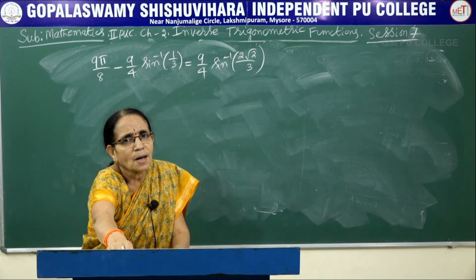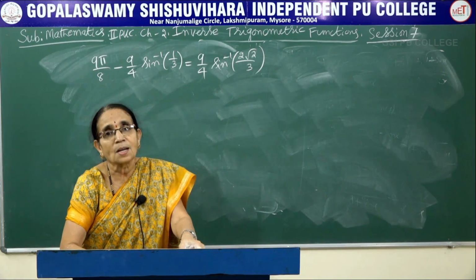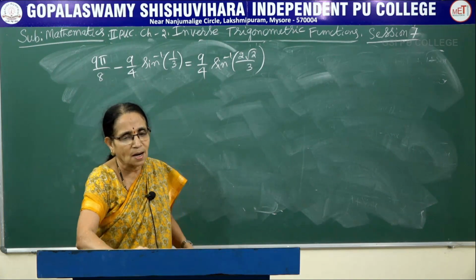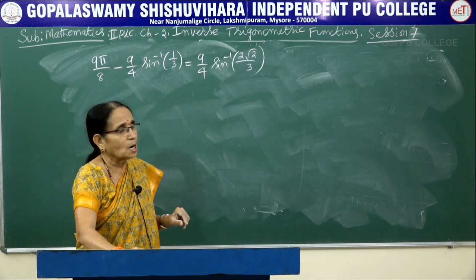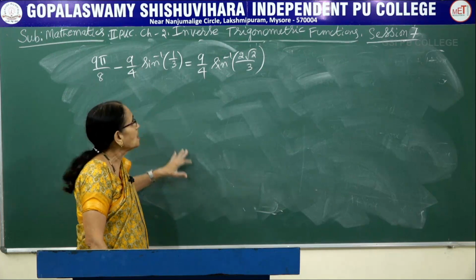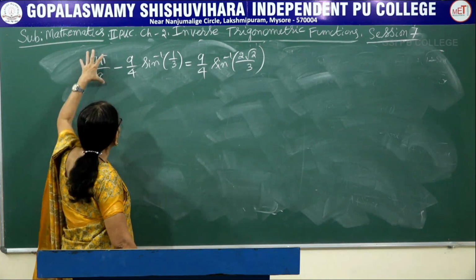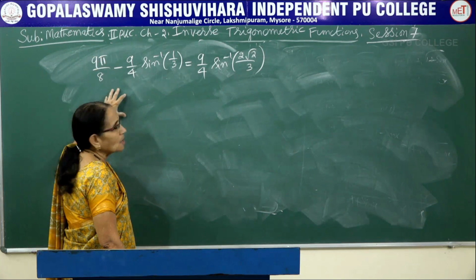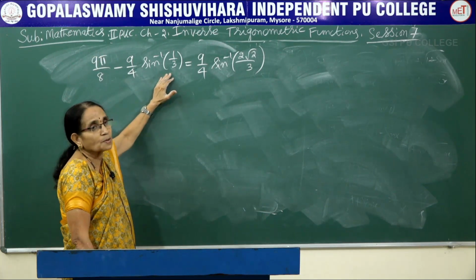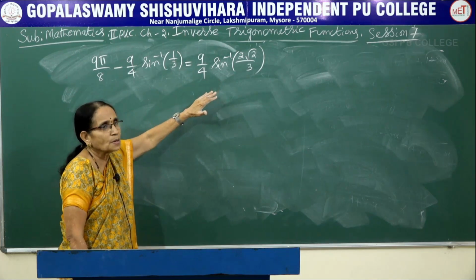Our usual practice, as you know, is we start with the left hand side and arrive at the right hand side. But here, before following that procedure, let me simplify or rewrite the function, because you observe here 9 pi by 8 is a constant, this is involving sin inverse, and that is also involving sin inverse.